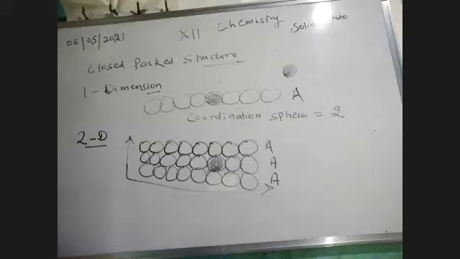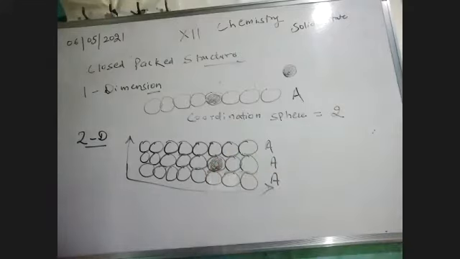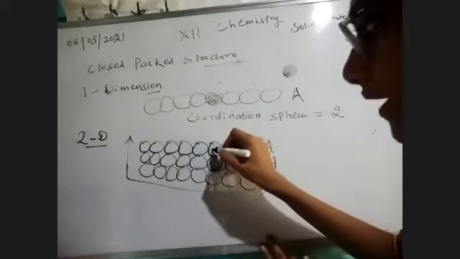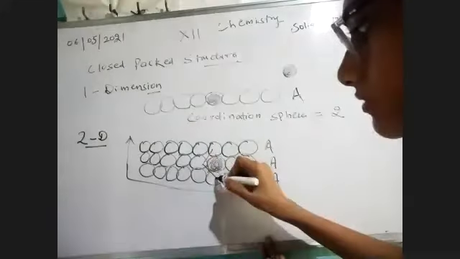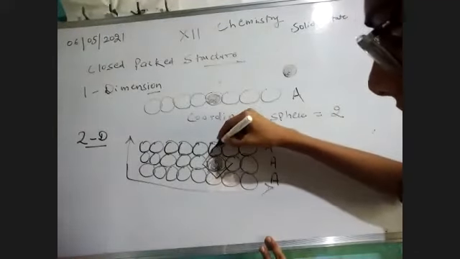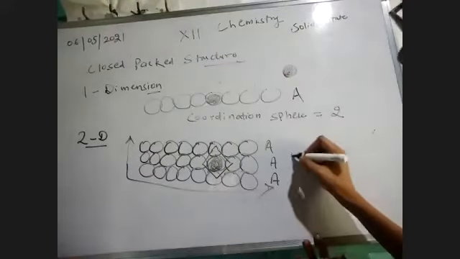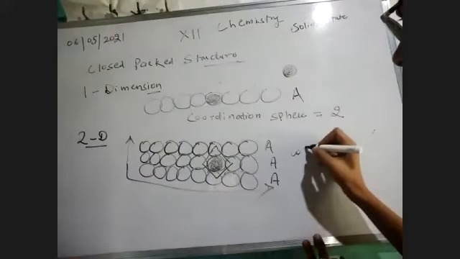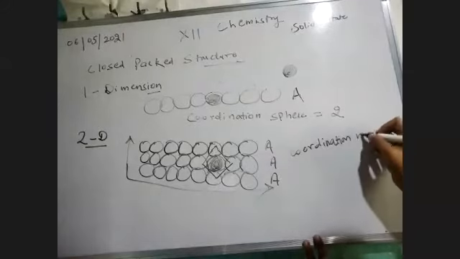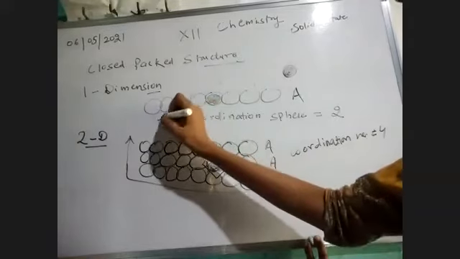Can you tell me how many neighboring atoms are present? Yes, this is 1, 2, 3, and 4. So the coordination number equals 4 over here.